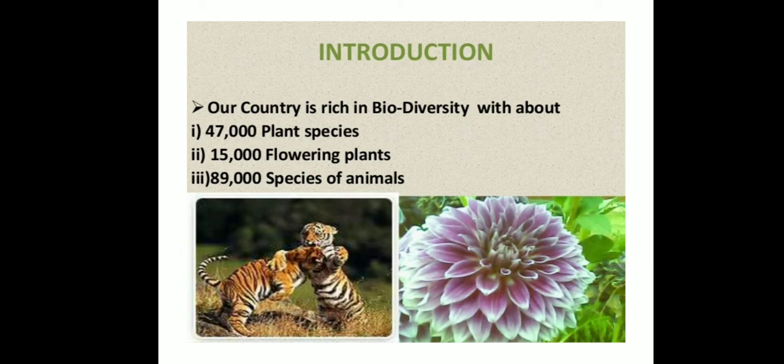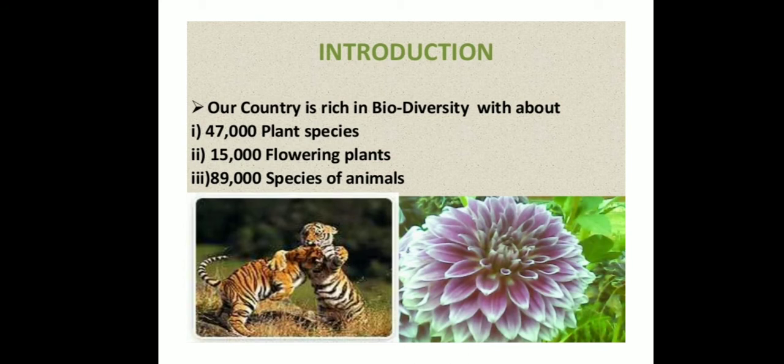Now, see, there are 47,000 plant species in our country, 15,000 flowering plants, 89,000 species of animals.